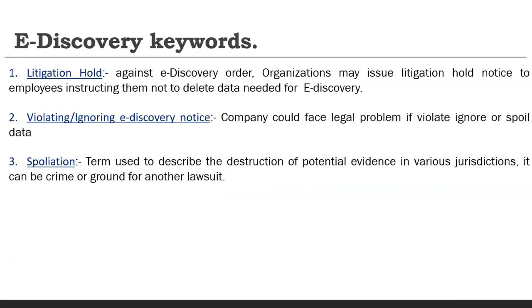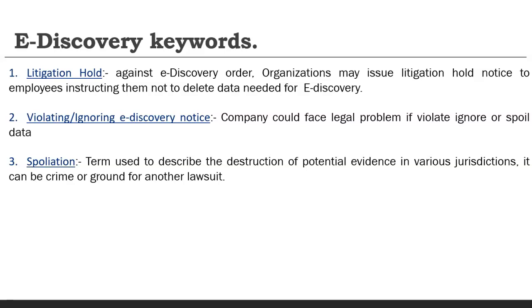There are a few important keywords on the e-discovery concept. One is litigation hold. That is against the e-discovery order. An organization may issue a litigation hold notice to employees, instructing them not to delete data needed for e-discovery. So they may not be allowed to delete the data. And we have seen different types of policies.